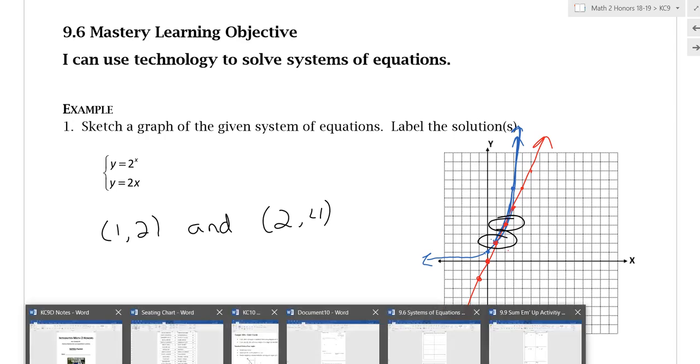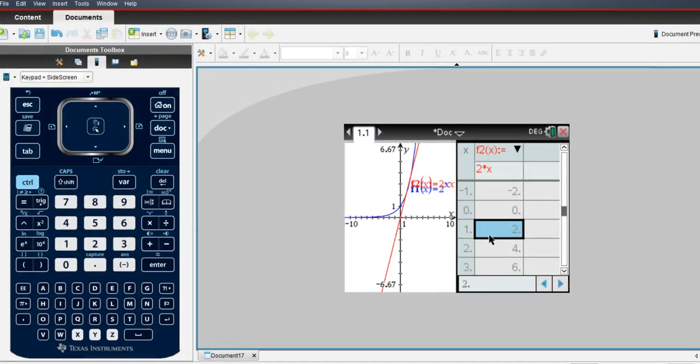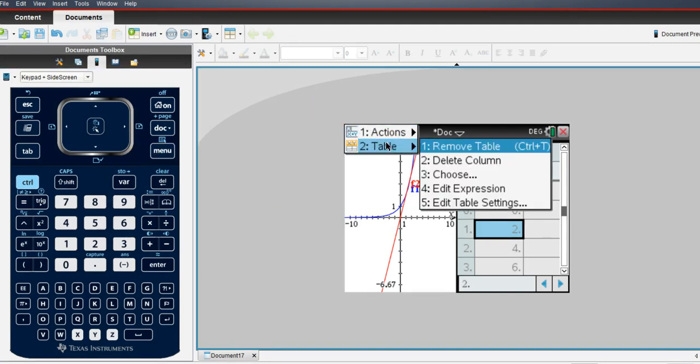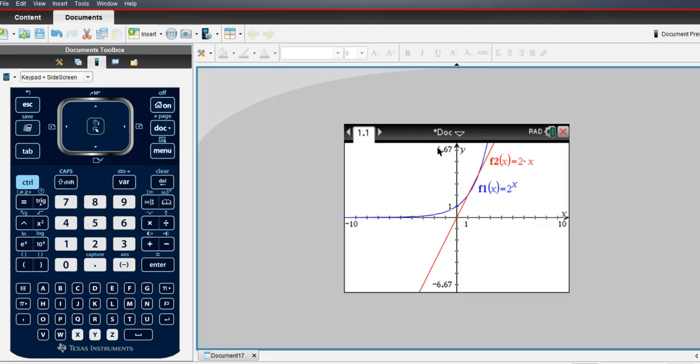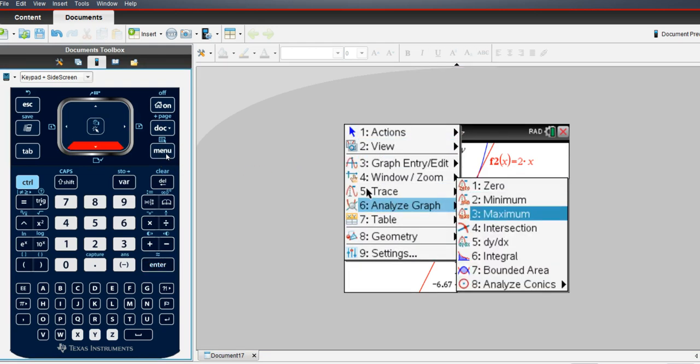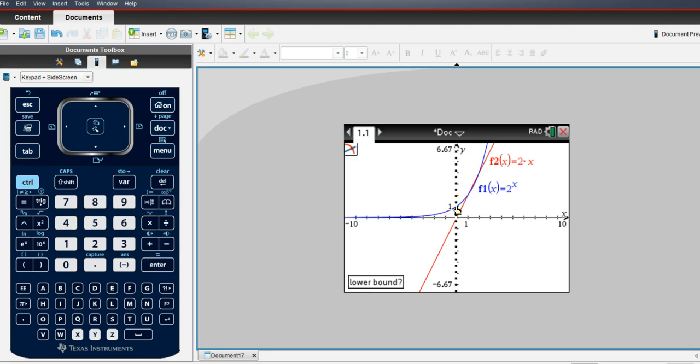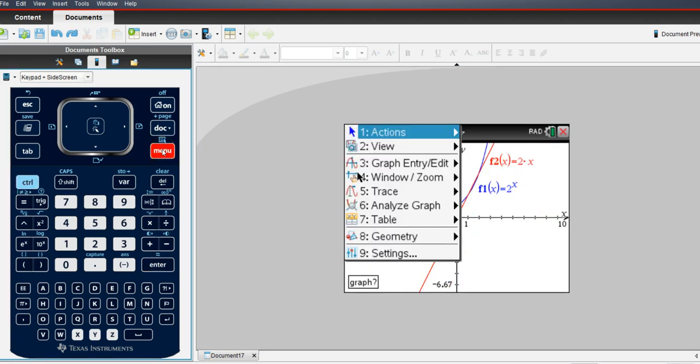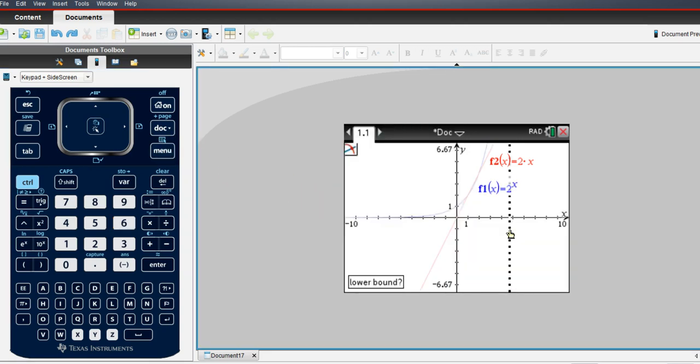You can also do what we've done before where you go back to your graph, remove the table, and go menu, analyze, and find that intersection. Menu, analyze, intersection.